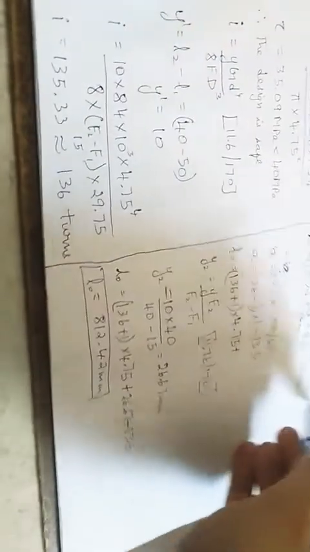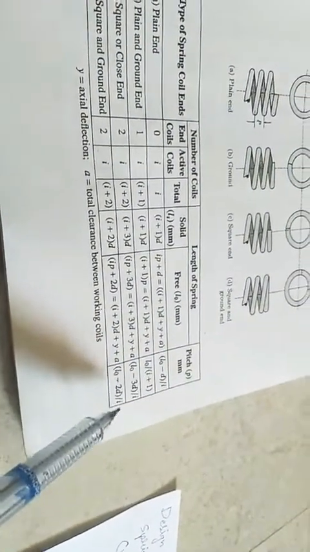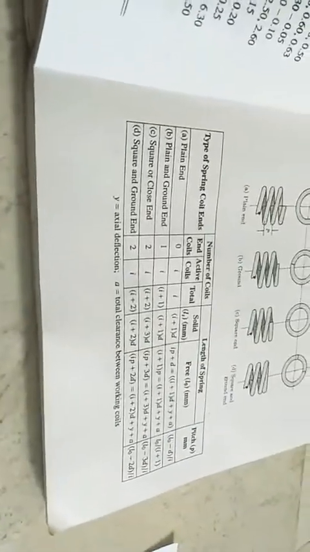Next we'll find the value of pitch. For pitch p we shall consider table 11.4, page number 189, where the pitch is (L0 minus 2d) by i for square and ground ends.